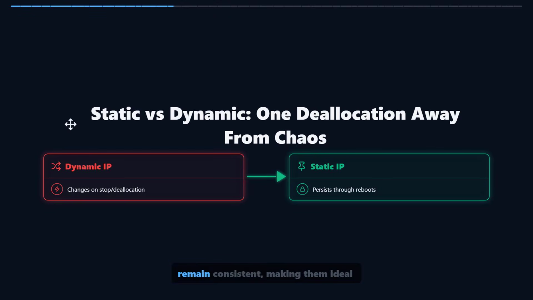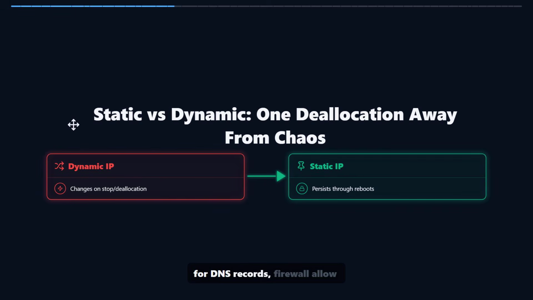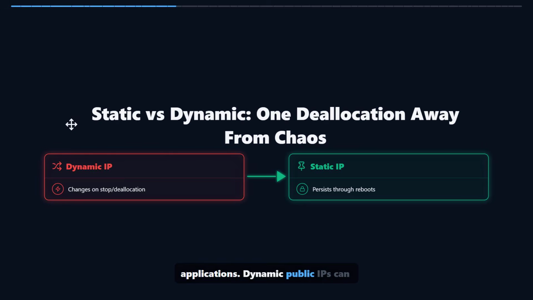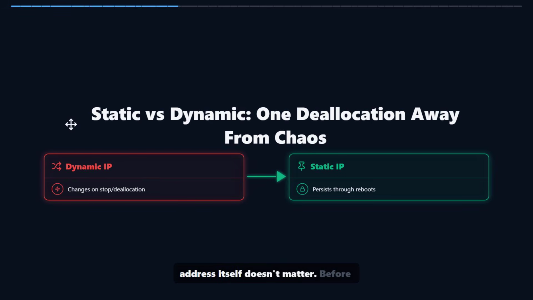Static addresses remain consistent, making them ideal for DNS records, firewall allow lists, business partners, and production applications. Dynamic public IPs can be appropriate for temporary environments, testing, or workloads where the address itself doesn't matter.